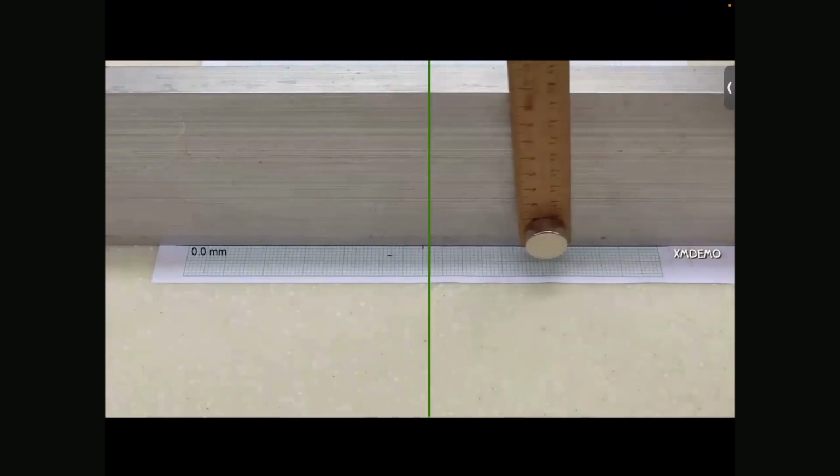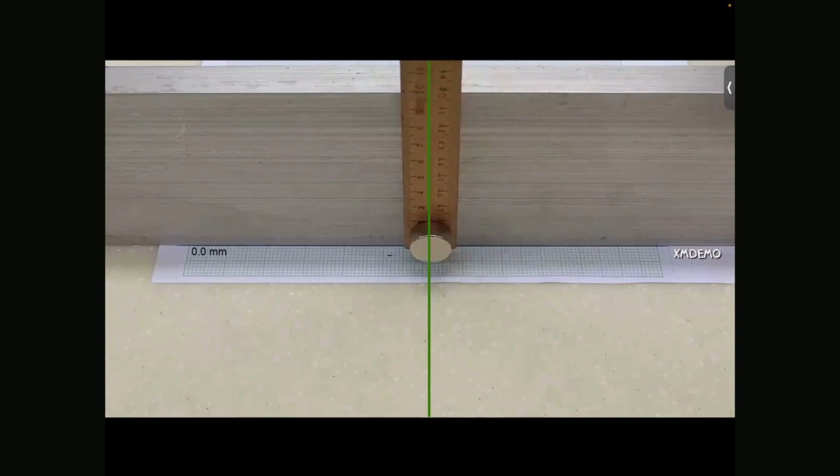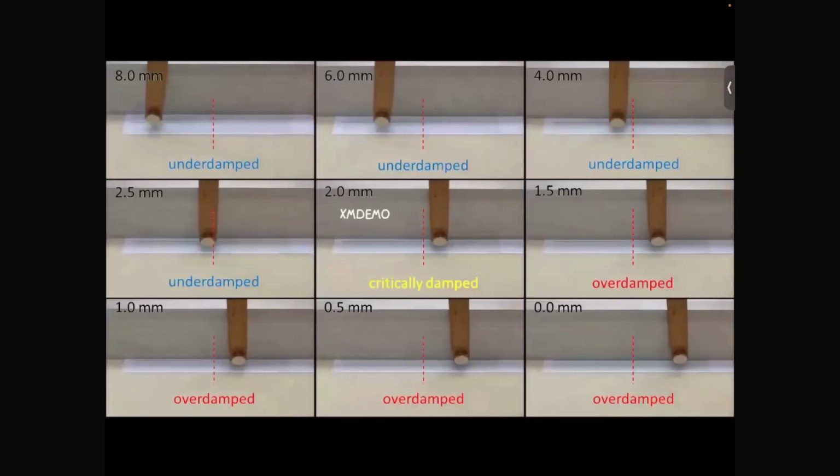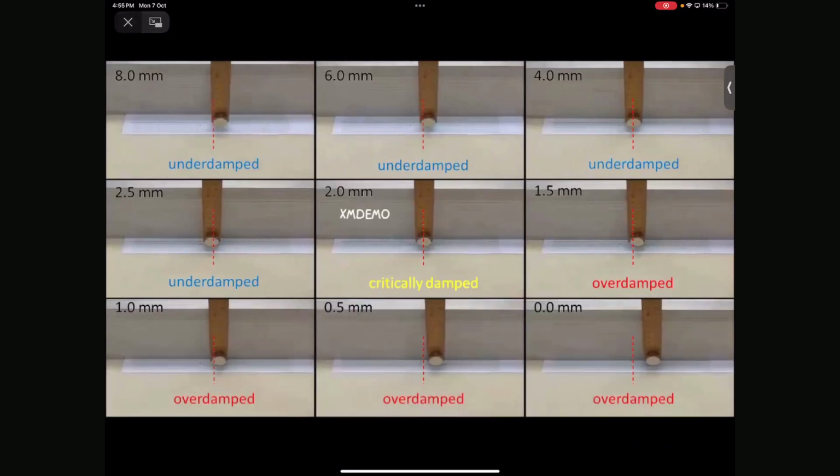It's coming very close to stopping, and you see it's a very long time. So all of them together here. The first four were under damped. That was critically damped, and the rest of them are what? Over damped. See all of them together?